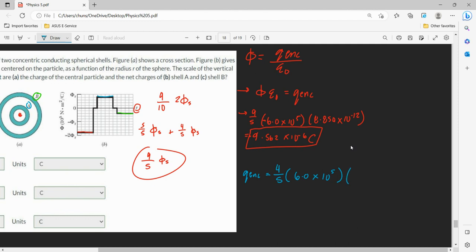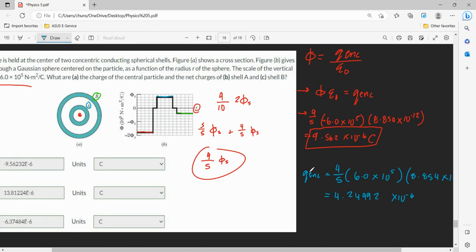So that's our flux scale. And this is 8.854 times 10 to the negative 12. So this is 4 divided by 5 times 6 times 10 to the 5 times 8.854 times 10 to the negative 12. And this gives us 4.24992 times 10 to the negative 6.